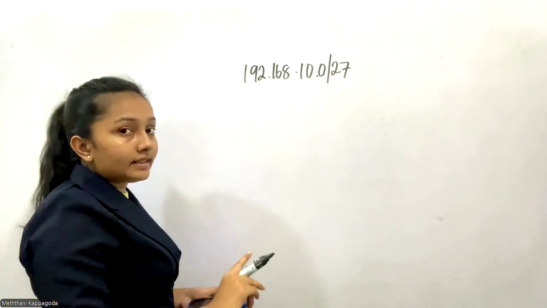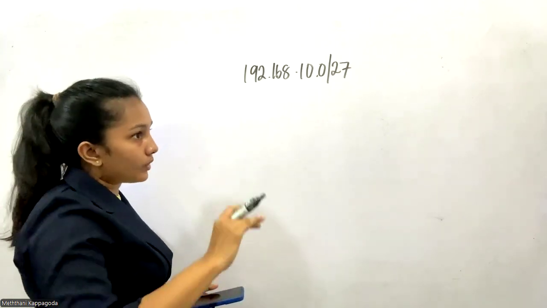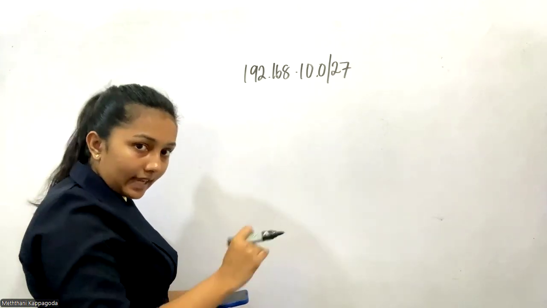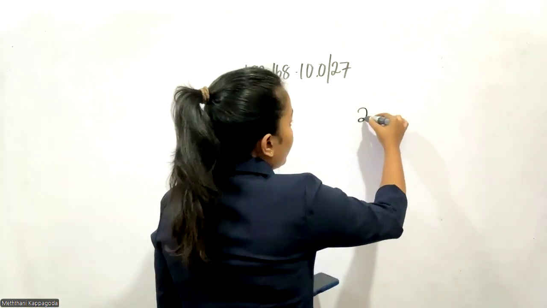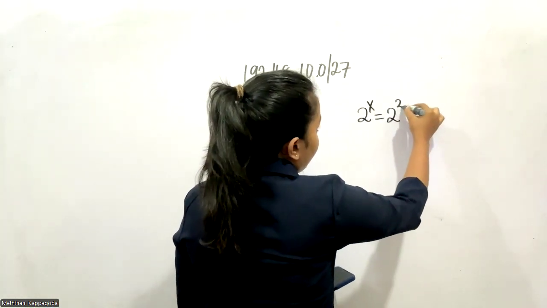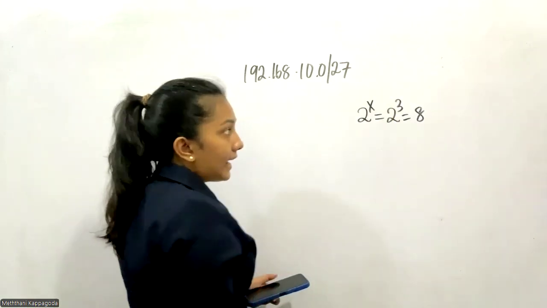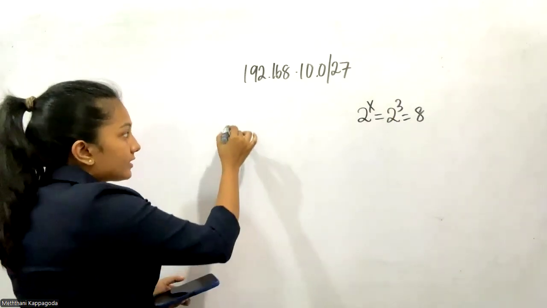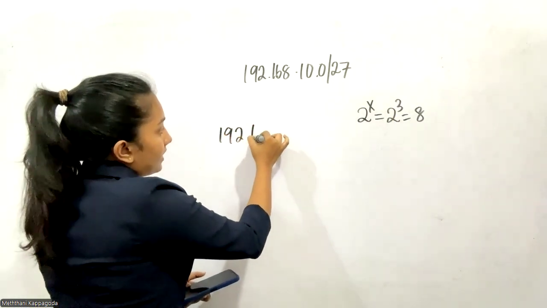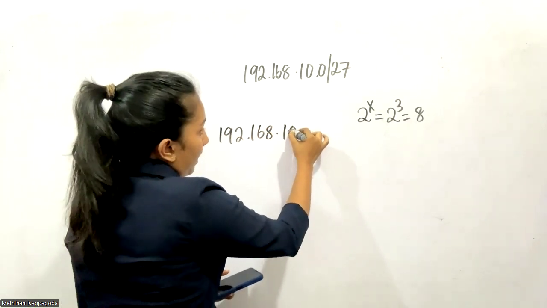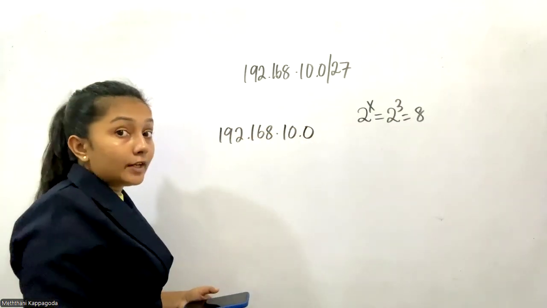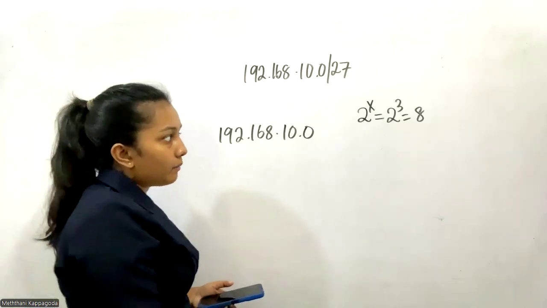If you compare the default and the given subnet mask, you can see 3 host bits came to the network side. It means 2 to the power x equals 2 to the power 3 equals 8. There are 8 networks. Always the first network is the network which has 0 in its host part. Then to find the other networks, you have to find the block size.